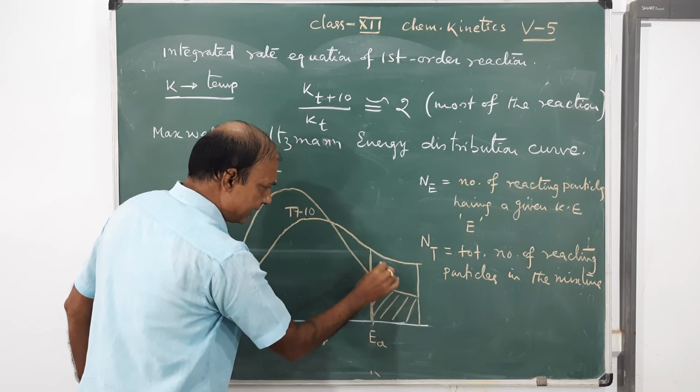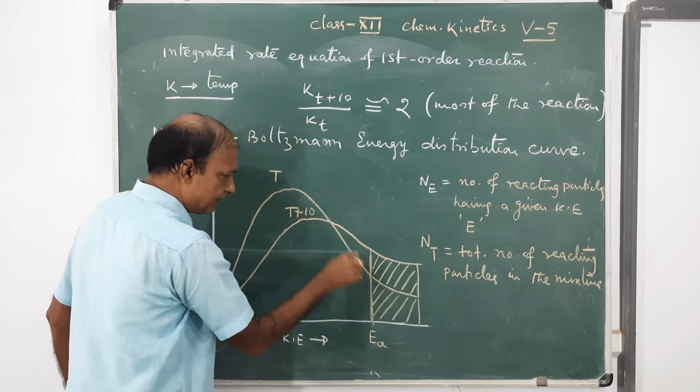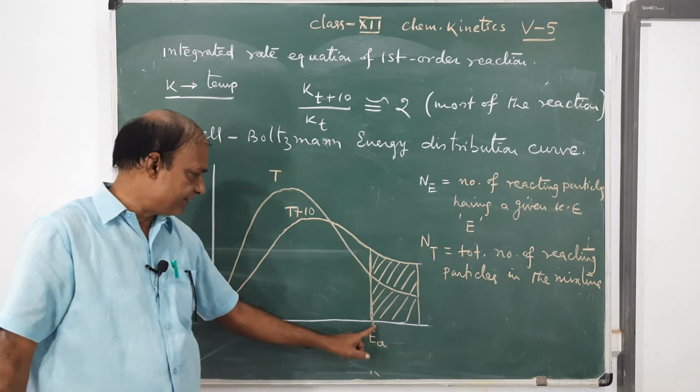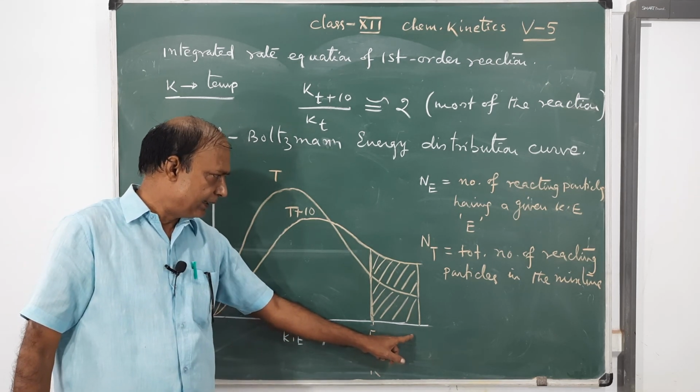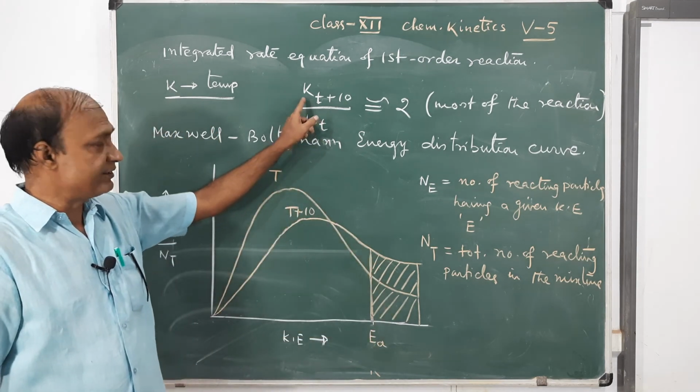See the area under this graph crossing the energy of activation or more is just doubled, and that's why the rate constant is doubled.